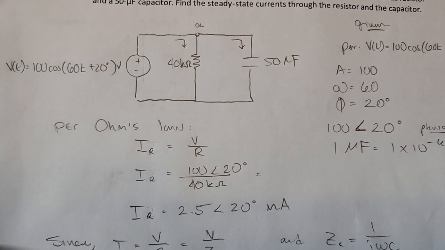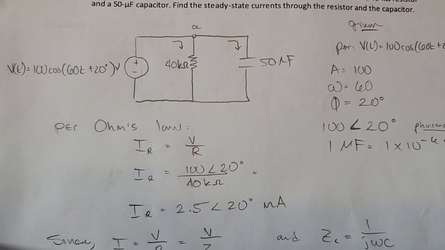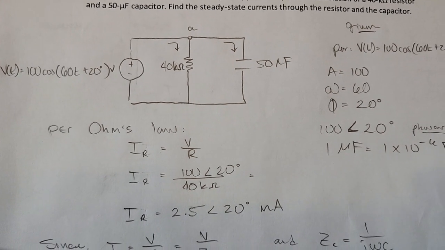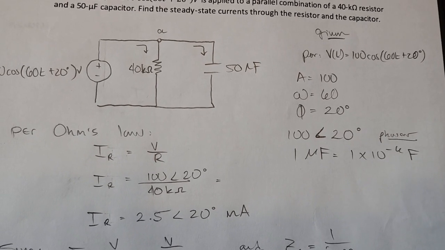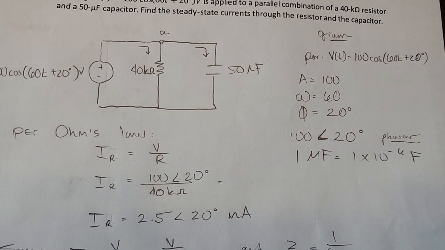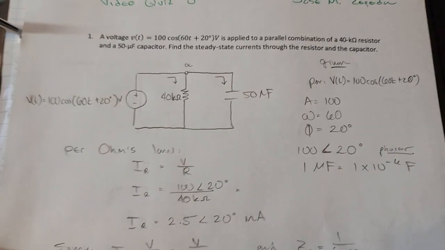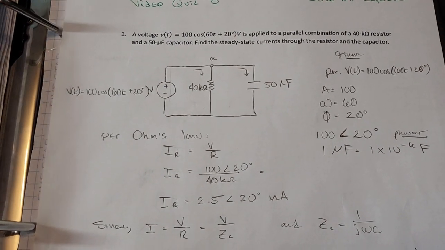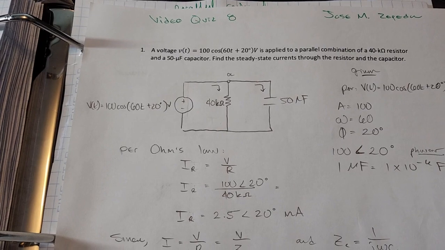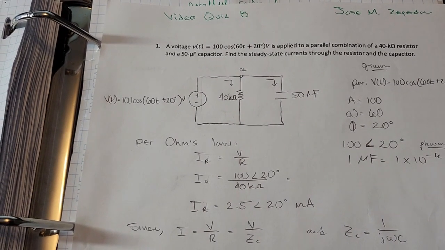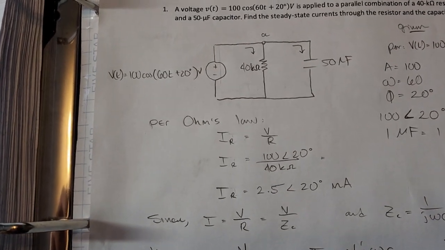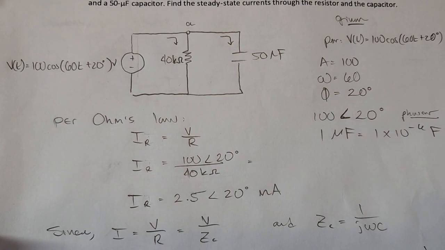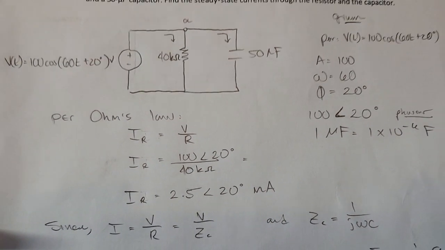And then the next thing was to determine the current through the capacitor. And since I have a sinusoidal function, and according to lecture I could have determined that with the voltage current relationship of current equals capacitance times the derivative of the voltage with respect to time.